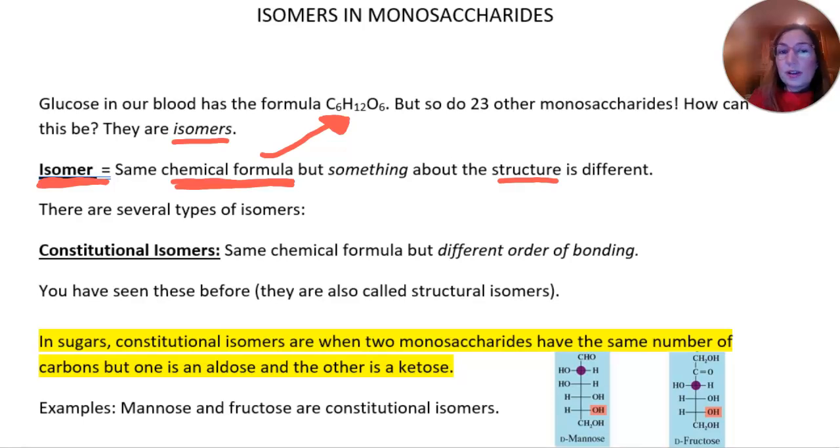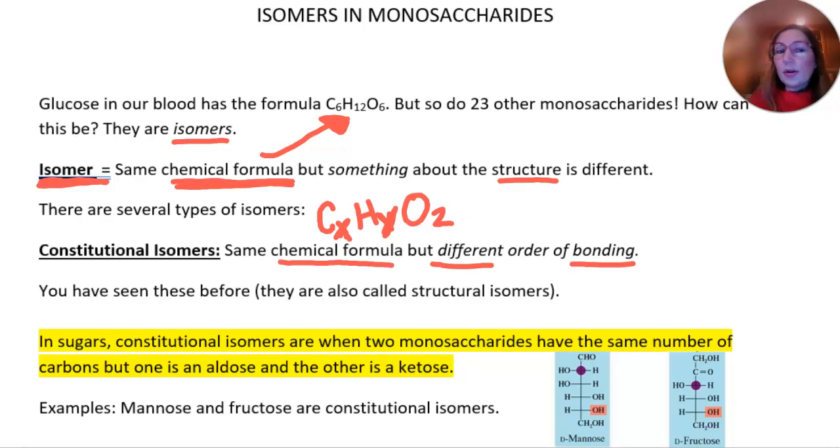In constitutional isomers, they have that same chemical formula, so for our sugars, CxHyOz. They always have the same number and type of atom, like glucose having C6H12O6, but they have a different order of bonding.